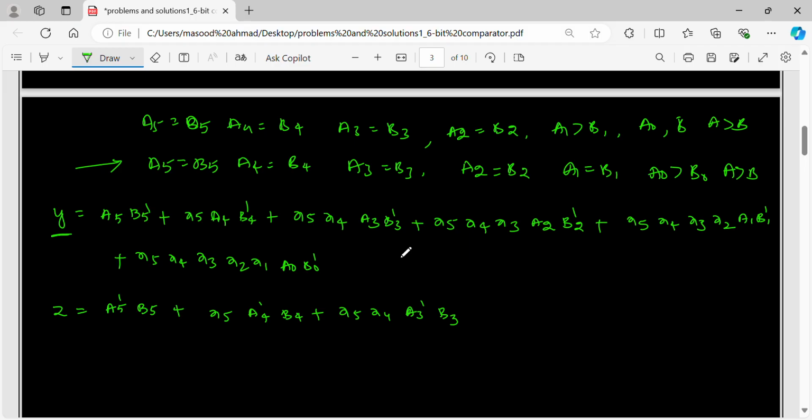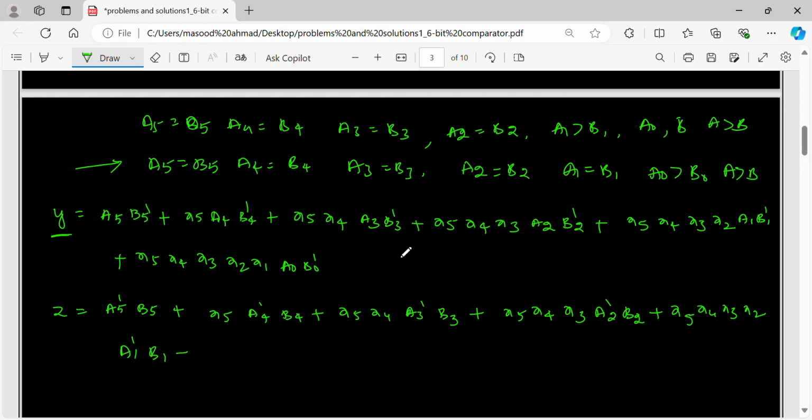In that case, it is A less than B. Then X5 X4 X3 A2 bar B2, X5 X4 X3 X2 A1 bar B1, X5 X4 X3 X2 X1 A0 bar B0. This is the condition for A less than B, which I have written directly from the previous analysis. So this is what exactly the circuit is.